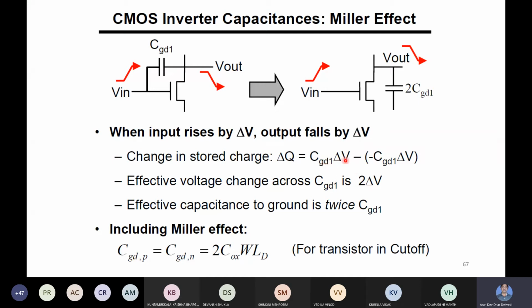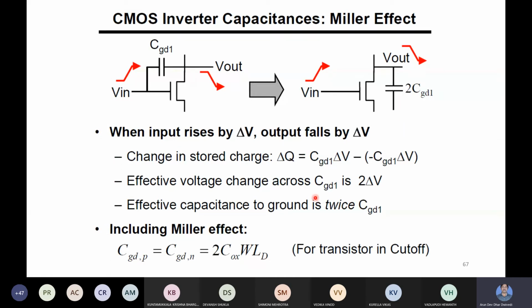So CGD1 delta V minus CGD1 delta V. Actually 2 times delta V change has effectively been done. So the effective capacitance with respect to ground is twice CGD1, and this is called the Miller effect.